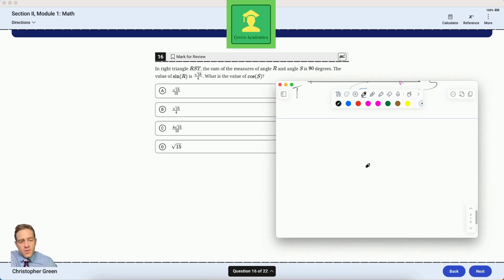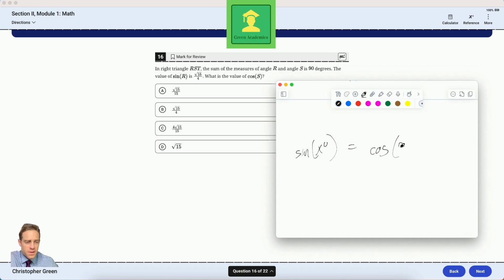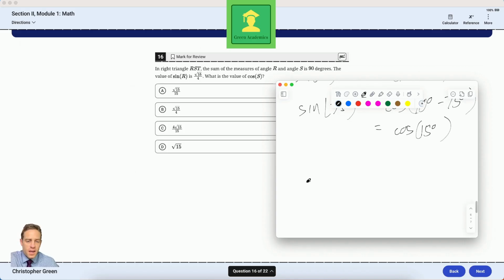You can actually zoom out further and say that in general, sine of anything in degrees is equal to cosine of 90 minus that in degrees. So for example, sine of 75 degrees is, you could have written like this, cos of 15 degrees, and vice versa.